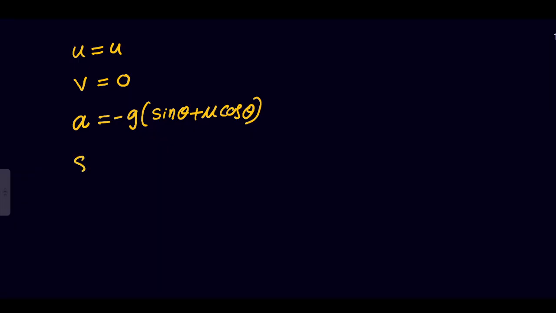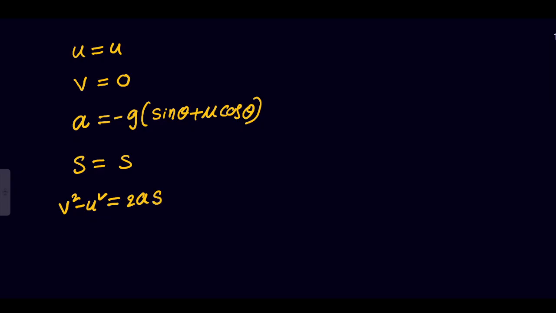For the displacement, which equation do we use? The final velocity is known, so we can apply v squared minus u squared equals 2as.